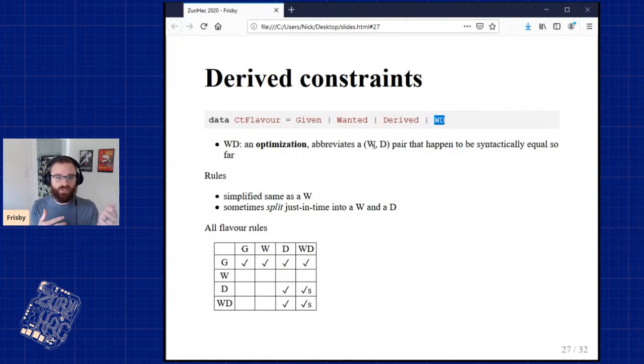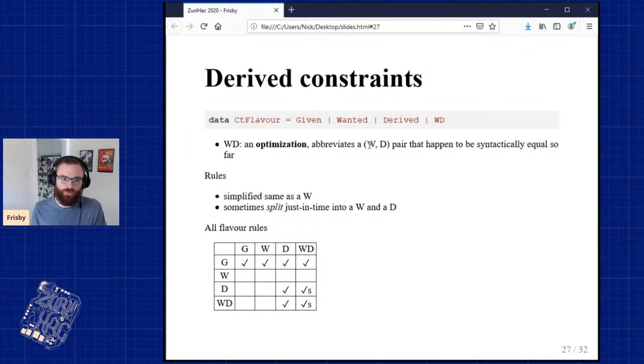Because if I use a given to simplify a WD, that's just one piece of work instead of using the given to simplify the W and the D separately. So a WD is just a pair, a wanted and a derived, represented in a compact way to save work. Eventually, there may be a point where you have a derived in scope that can simplify the derived part of the WD.